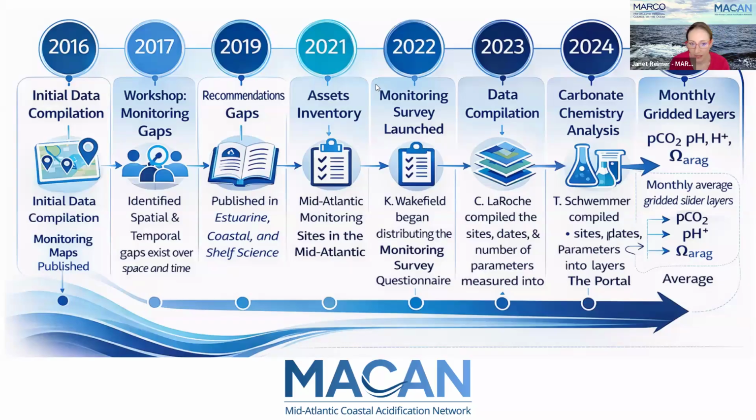And for the different sliders, that means you can see the monthly progressions over the time frame of 2018 to 2022 of how pH, the partial pressure of carbon dioxide, hydrogen ion concentration, and then this other parameter called aragonite saturation, which we'll talk about in just a second, have all been fit together to understand how acidification changes on a month-to-month basis.